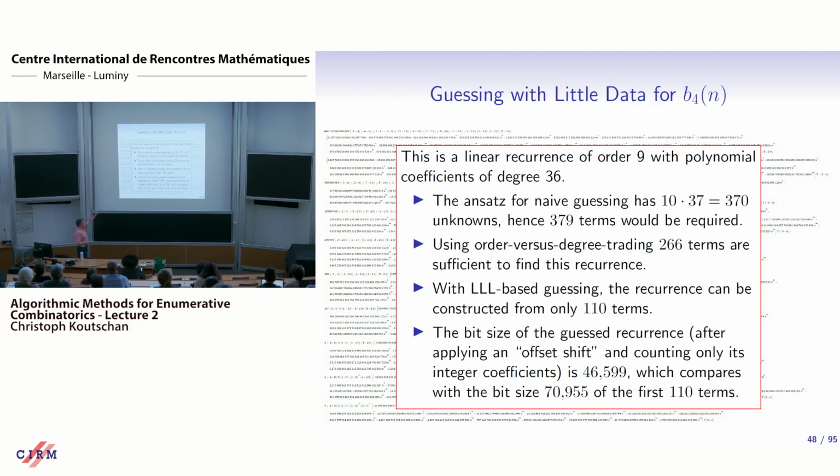And so here, if we compare the bit size of the recurrence, and I did only the coefficients, it is about 45k, and the numbers that I enter have 70k, so it's not very tight, but it's kind of comparable and gives me an indication that we should not expect to get much better.